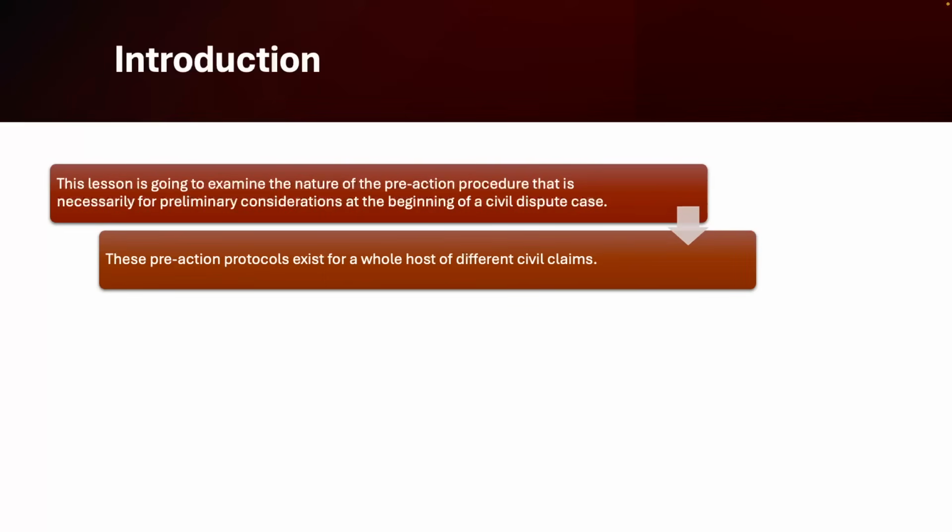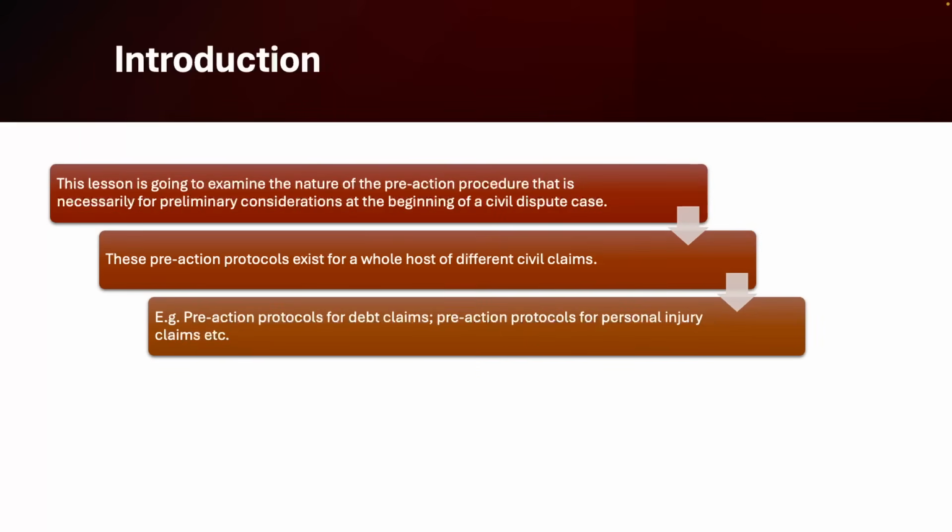So there are a number of pre-action protocols that exist for a whole host of different civil claims. There are about 10 or 12 that relate to different claims. Some of them are quite niche, some quite broad, but there is also a pre-action protocol that is a general practice direction, which we'll talk about in this video.